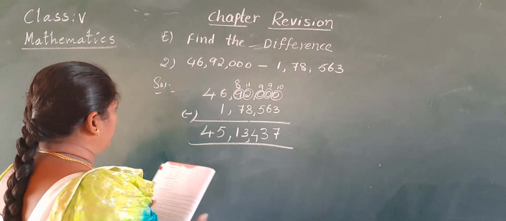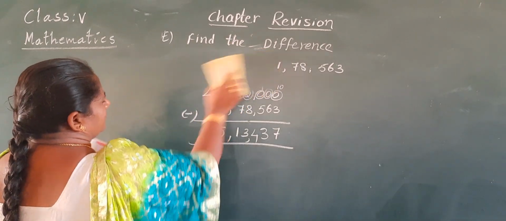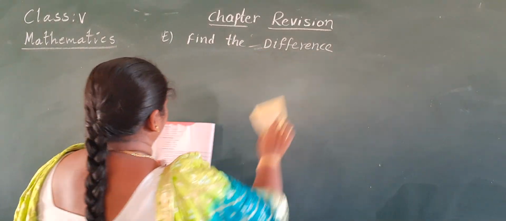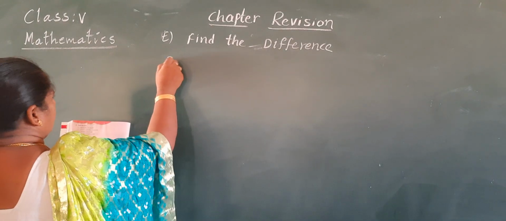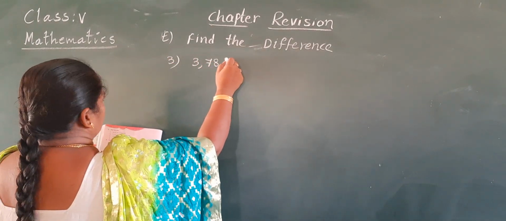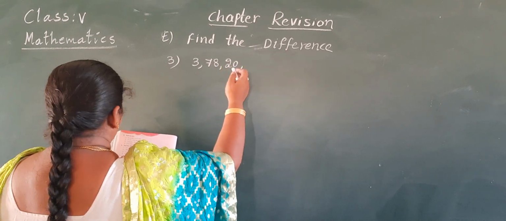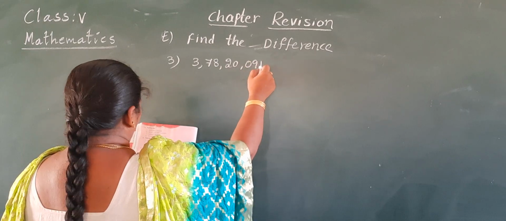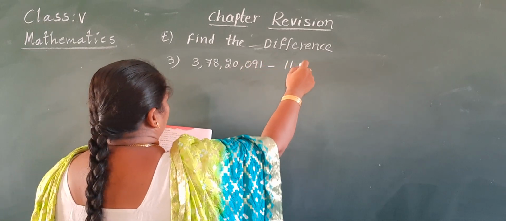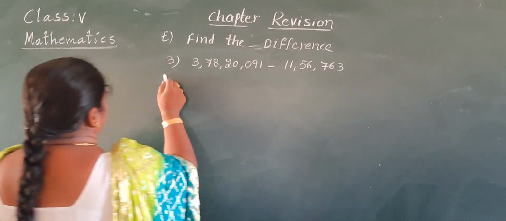Now third problem. 3 crore 78 lakhs 20,091 minus 11 lakh 56,763.